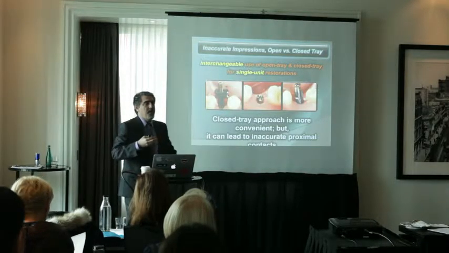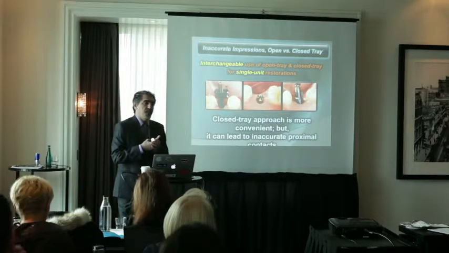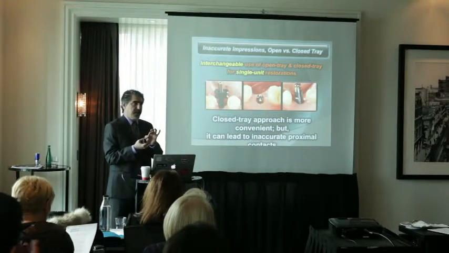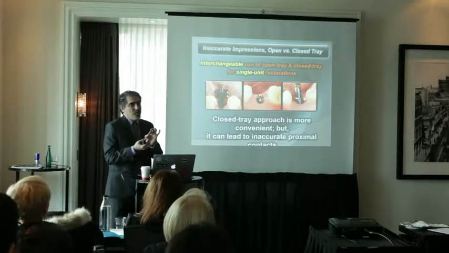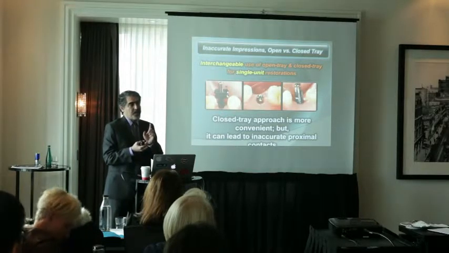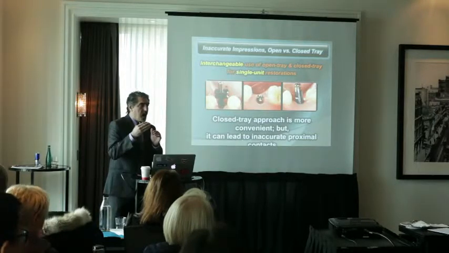And in these cases, especially if the position of the implant is in a way that you don't have enough coronal part for the transfer, so the transfer cannot be placed properly, even in single implants you can have some problems with the interproximal contacts and the occlusal contact.